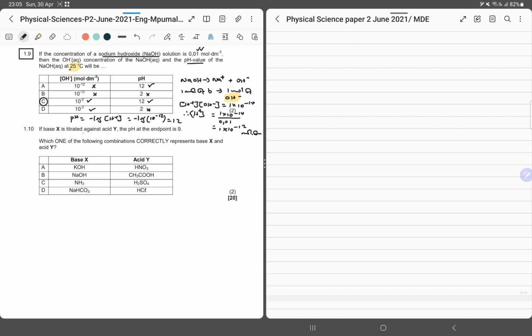All right, if base X is titrated against acid Y, the pH of the solution is 9. So if the pH is 9, it already tells us that the base must be a strong base and the acid must be a weak acid.